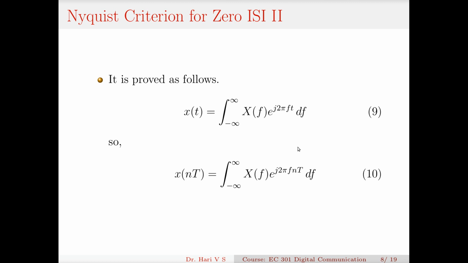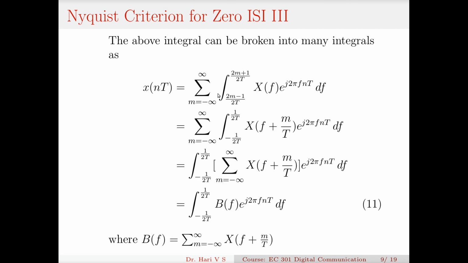Now this integral is from minus infinity to infinity. What I do is split this integral into many integrals. I take the duration from minus 1 by 2T to plus 1 by 2T, which is one interval, and then the next intervals. Generally I write the integral from (2m minus 1) by 2T to (2m plus 1) by 2T of X(f) e raised to j2 pi f nT df.